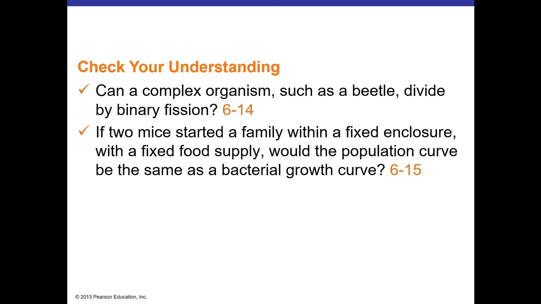Most other organisms can't do exponential growth the way that bacteria can. So the question here of if two mice loved each other and started a family, would they be able to make anything comparable to a bacterial growth curve? No. They're going to have to go through sexual reproduction, which just isn't going to be able to reach the level of exponential growth that we see with bacteria.